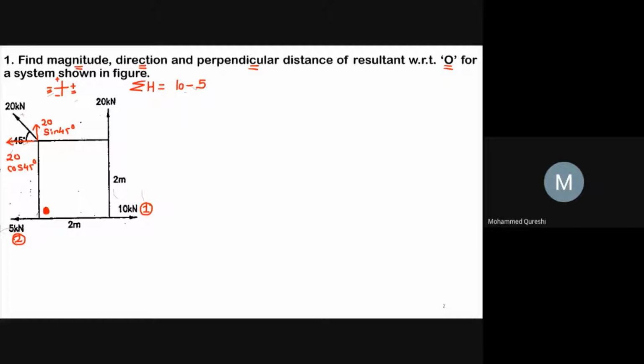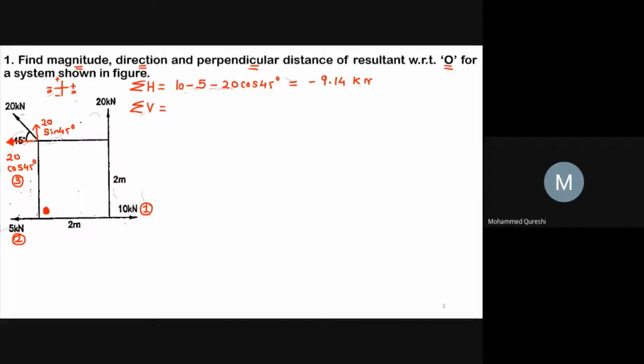This 20 cos 45 is our third horizontal force, and it is moving towards the negative x-axis, so I will write minus 20 cos 45 degrees. After calculating this, you will get the value of sigma H as minus 9.14 kilonewton.